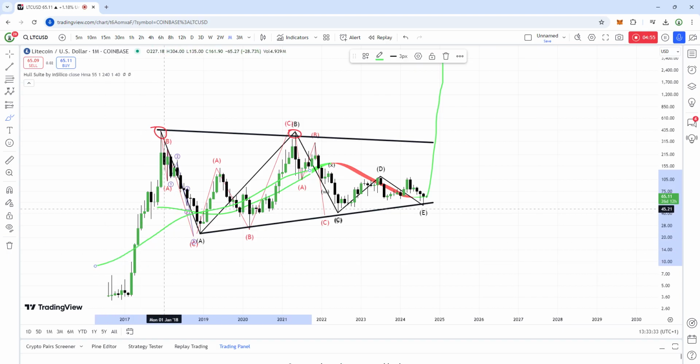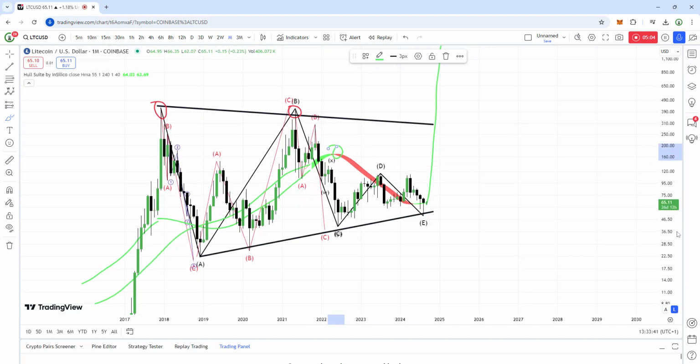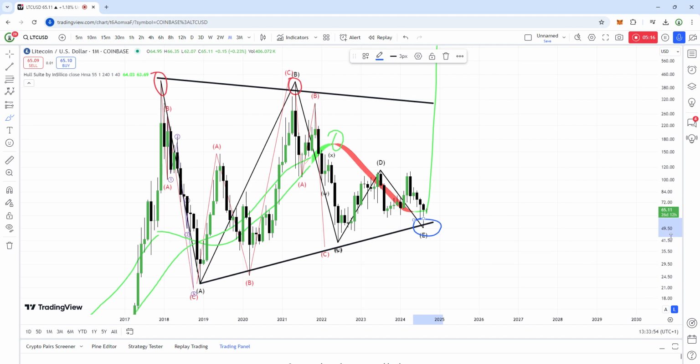The first time that we actually went into red was probably about here. Now the interesting part is that we are coming into the end of this whole correction, and if this is the E leg here, which I think it is, it's very interesting that Whole Suite is starting to turn green now.